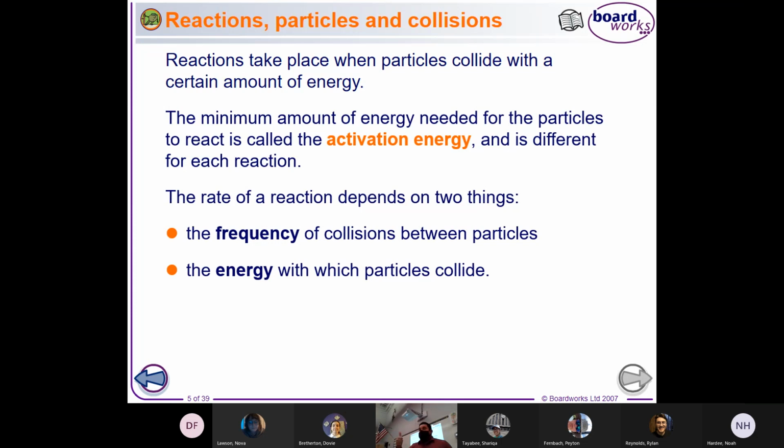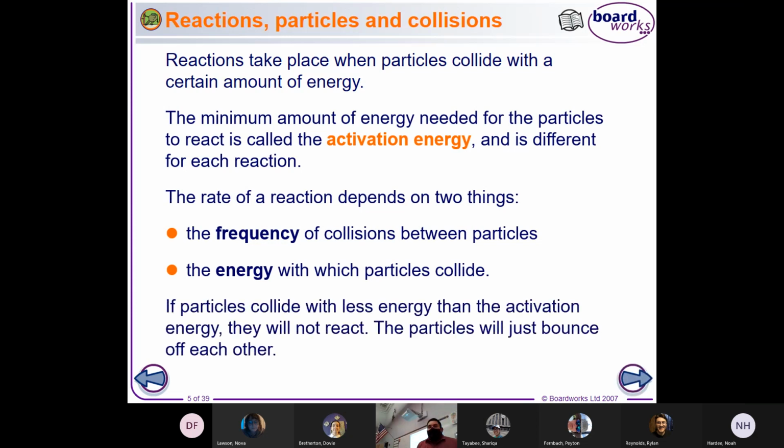One is the frequency, how often they're hitting each other, and the amount of energy you put in to make them hit each other. And that is all that's required in a chemical reaction. Can you make them hit each other often? And if it's not enough, add energy to make them hit each other. And again, it could literally be you stirring it together to make them hit each other. That is energy that you're adding.